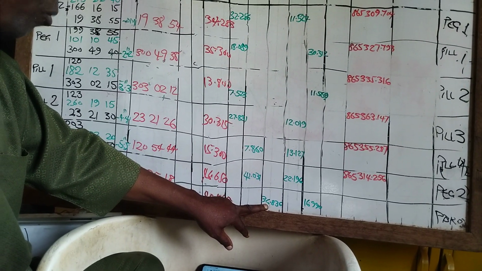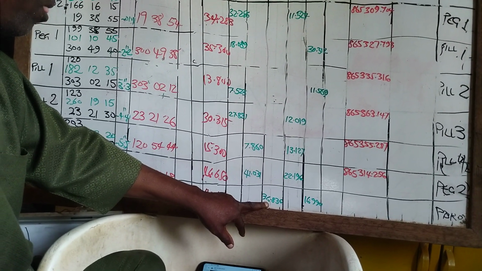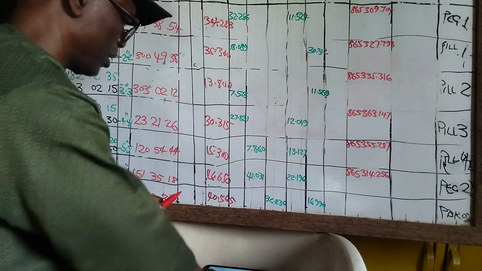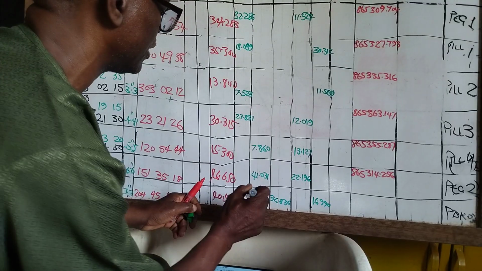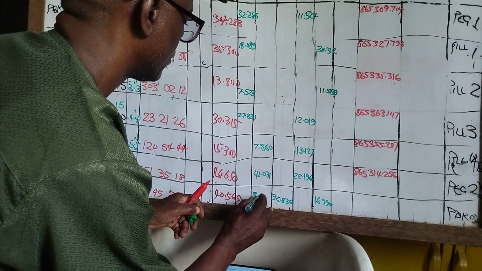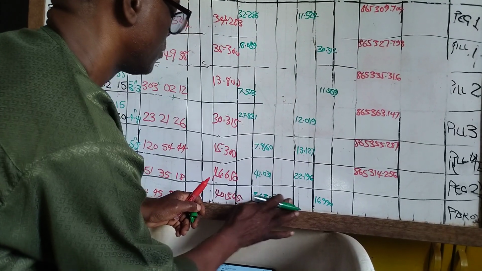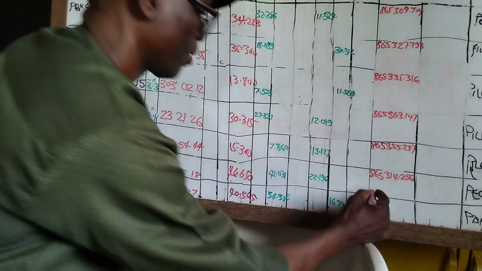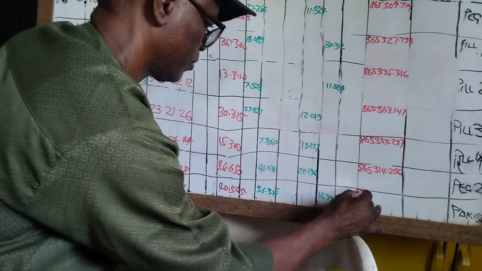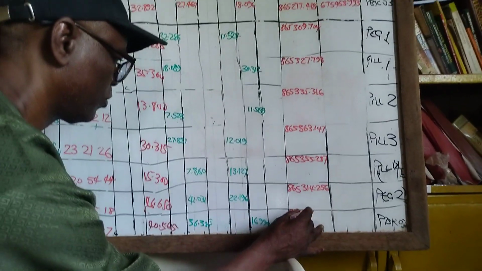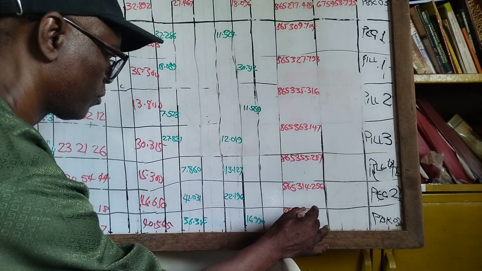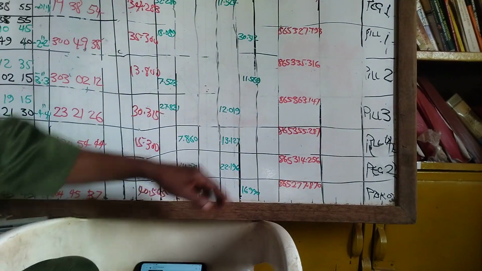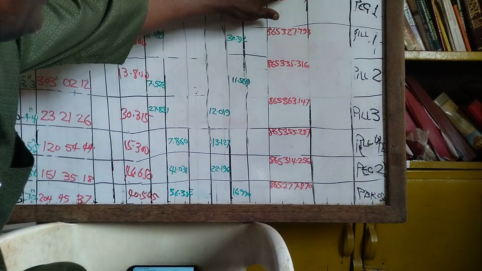So you subtract 36.386. That gives 865277.870.